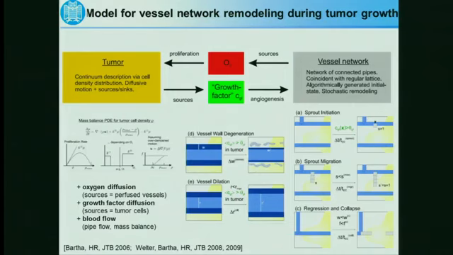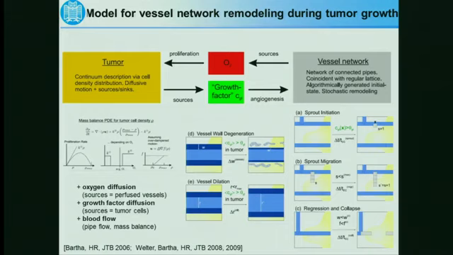Okay. So there are a couple of other facts, but at some point I have to come to our model, which is essentially trying to incorporate these observations. It contains essentially 3 basic modules. Of course, you need the representation of the vessel network, which is dynamically changing under different conditions. You need a tumor model.